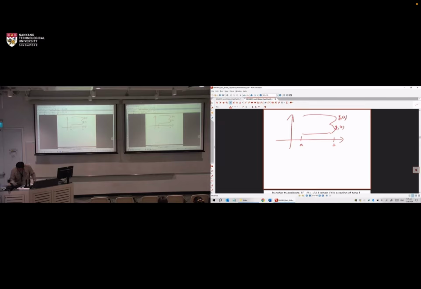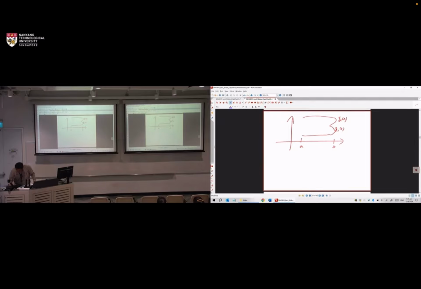So this one cannot. Bottom to top, bottom to top, bottom to top. Cannot. So you cannot apply the formula for the whole domain A to B.